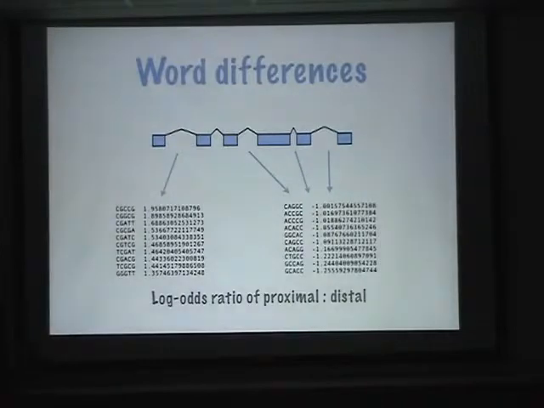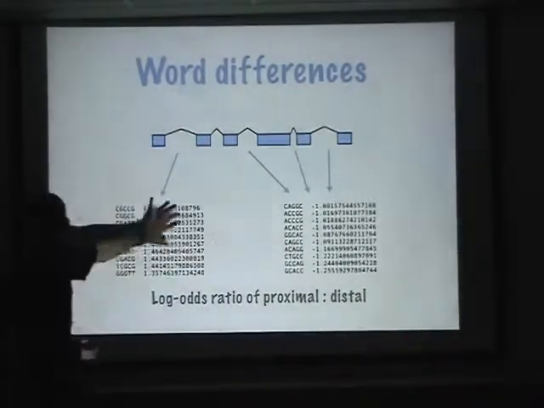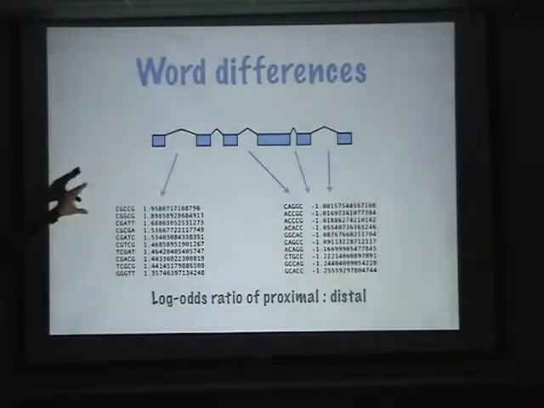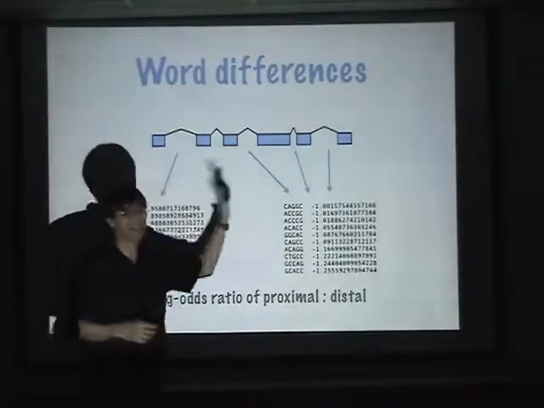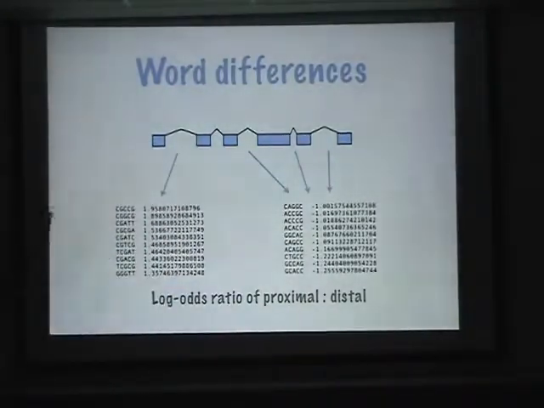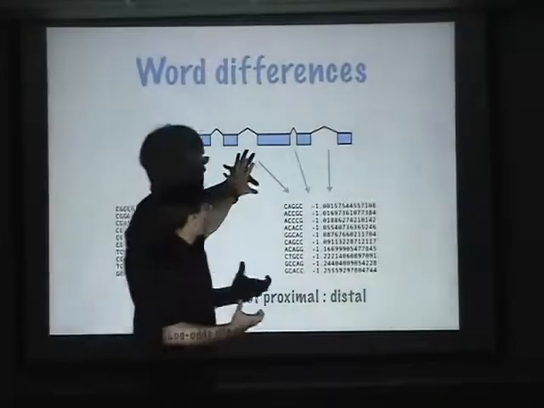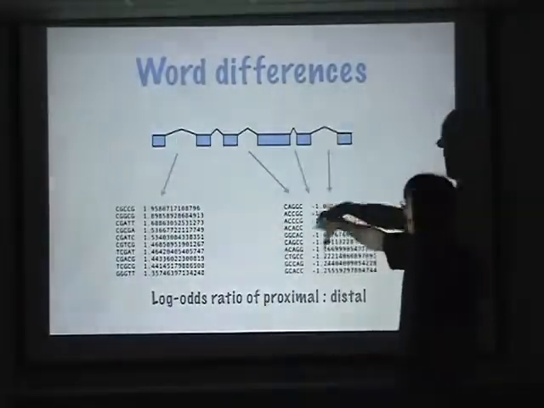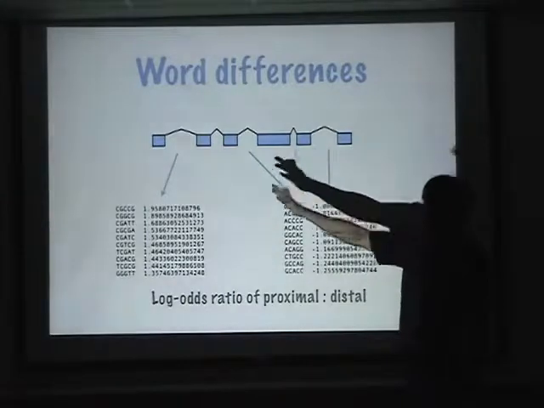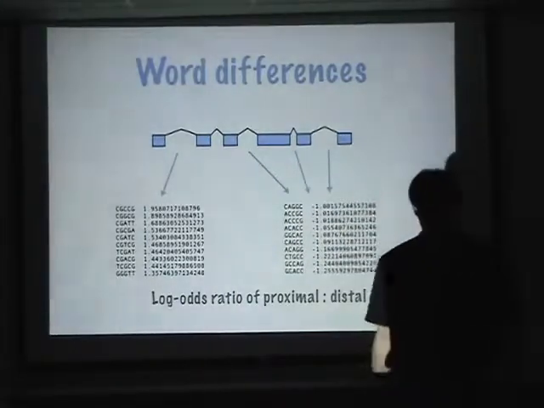It's 2 to the 1.9. It's more like 4, and this is more like 2 times. What this means is that there are some words that are spoken more frequently in here and other words that are spoken more frequently down there. They're speaking different things. Not every intron is the same as every other intron. There are actually different dialects being spoken here. But if you were to compare all of these ones to each other, they're all pretty much the same. It's just the first one that appears to be really different.